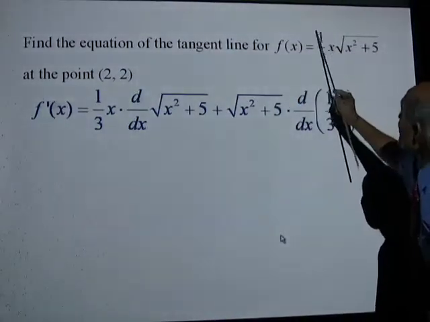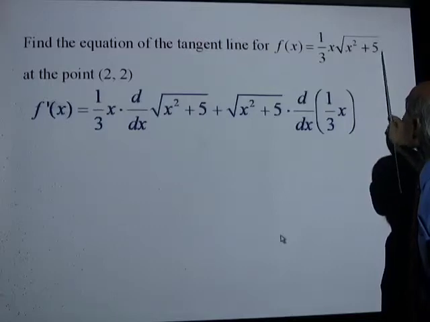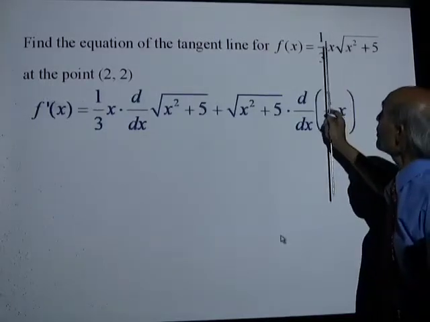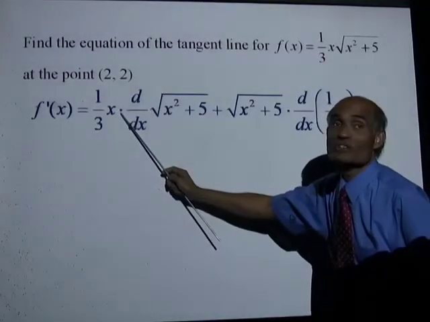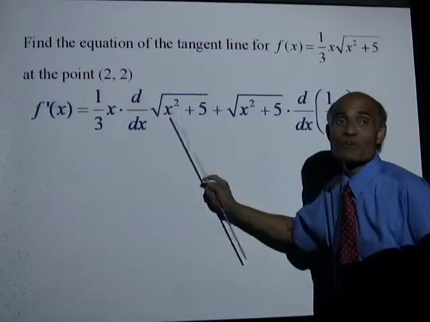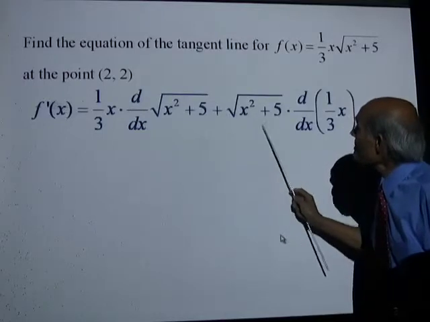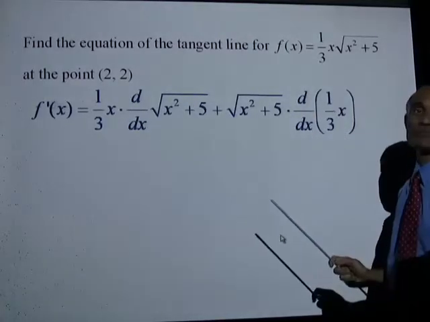So let's take 1/3 x as the first function and square root of x squared plus 5 as the second function. So it will be 1/3 x times the derivative of square root of x squared plus 5, plus the second function times the derivative of the first function.